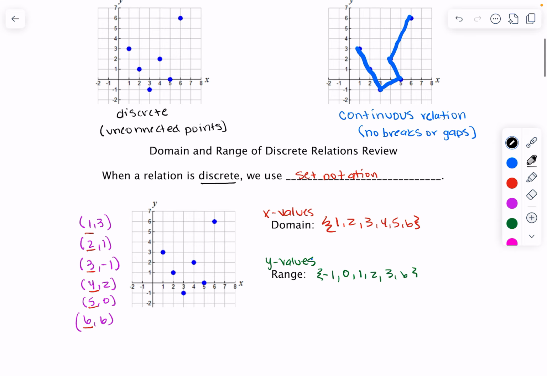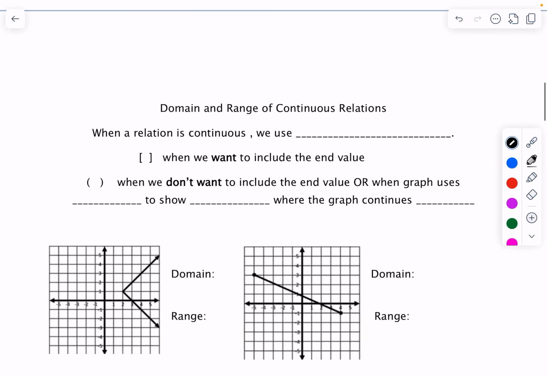So when we have a continuous relation, we use something called interval notation. Interval notation has brackets and it has parentheses. We use brackets when we want to include the end value, and we use parentheses when we don't want to include the end value.